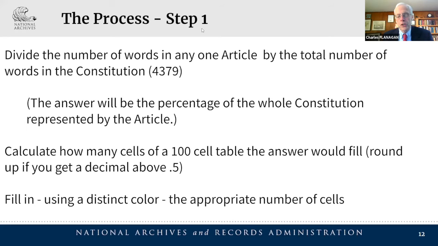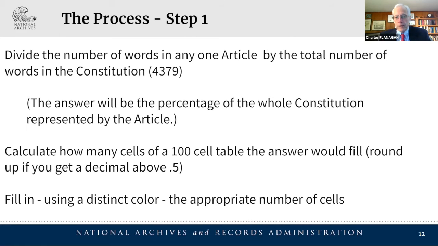How much of the Constitution is Article 1? How much of it is Article 2? And people always ask, so you round up if you get a decimal, and you fill in each article using a distinct color. So each group has had one article, they take ownership of it, they figure out how big it is, then they use a distinct color to fill in a chart. And if you do it in sequence, you're going to build the Constitution, and Article 1 will come before Article 2, and it just makes it so much easier.